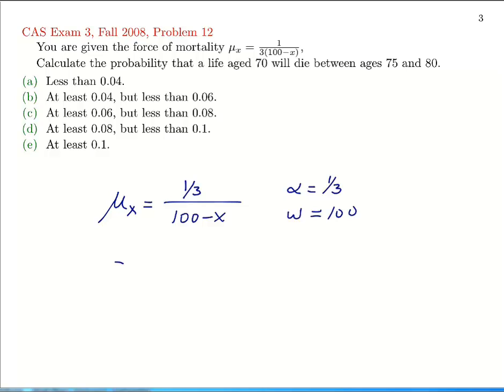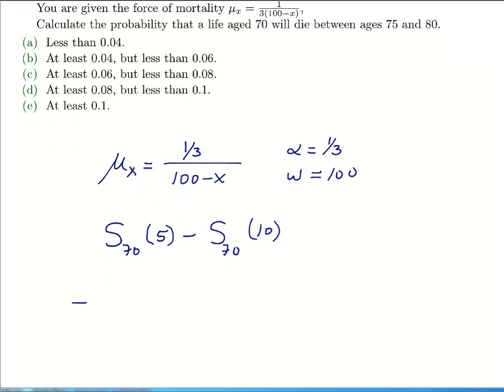probability that a life age 70 will die between ages 75 and 80. So that means we want the probability that a 70-year-old will survive to age 75, so will survive 5 years, but will not survive to age 80, so will not survive 10 years. So we have to take the difference of those two survivals. And again, we remember how to compute the survival function for this situation.